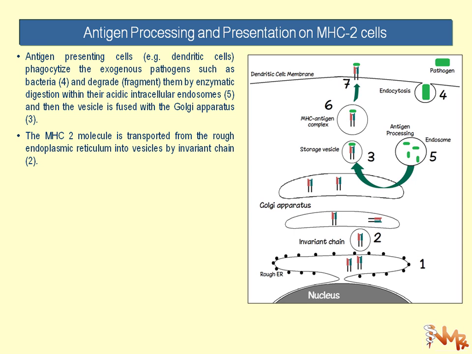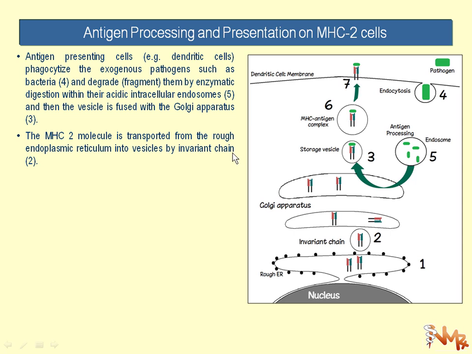At least the genomic code for them is in the nucleus, and then they enter into rough endoplasmic reticulum. But this is important. I want you to lock in this name. They are transported from the rough endoplasmic reticulum into vesicles by the invariant chain. That's event number 2.